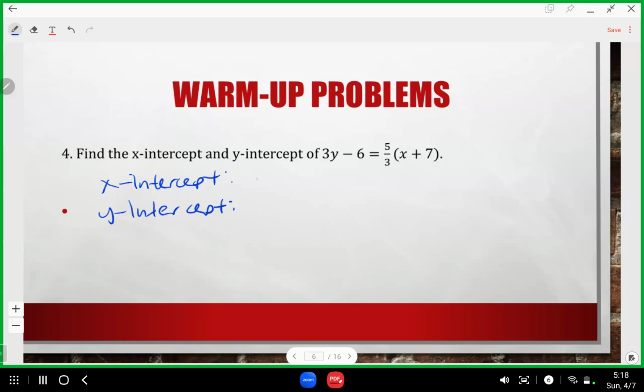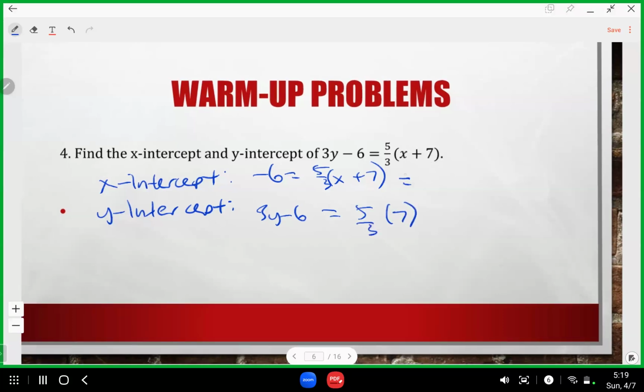So you're going to have -6 is equal to 5/3 x plus 7. And then for the y-intercept, x is equal to 0. So 3y minus 6 is equal to 5/3 times 7. You should be solving some equation like this: -6 is equal to 5/3 x plus 35/3.